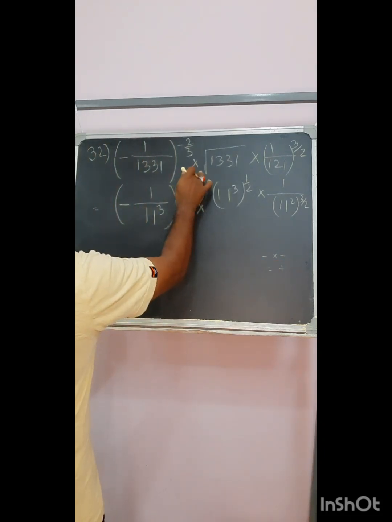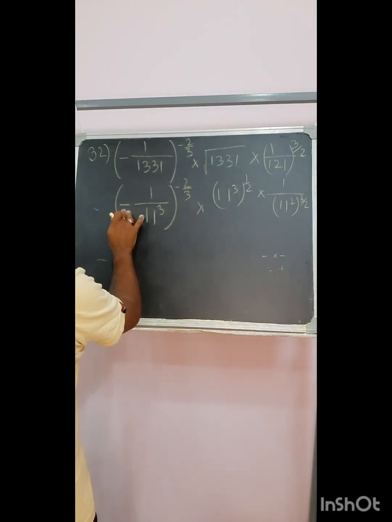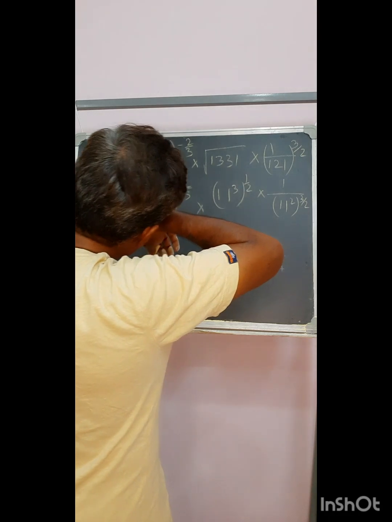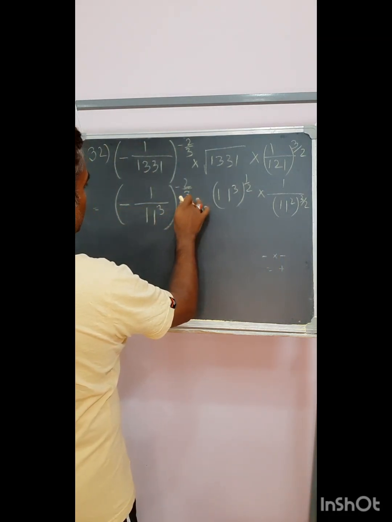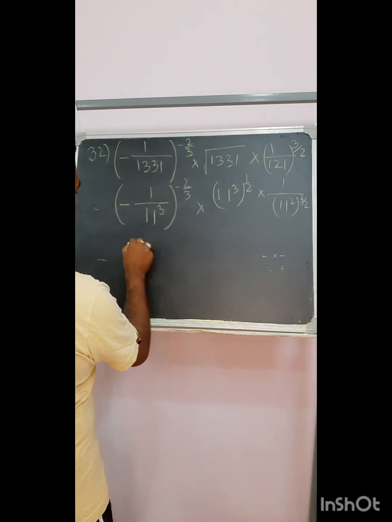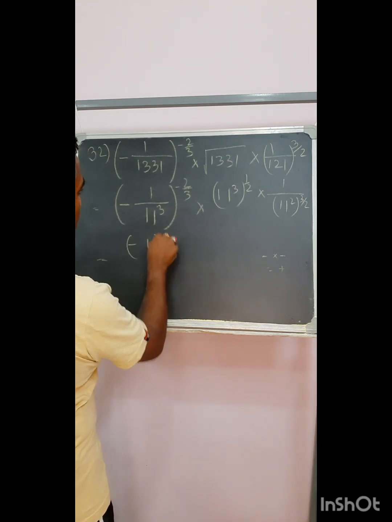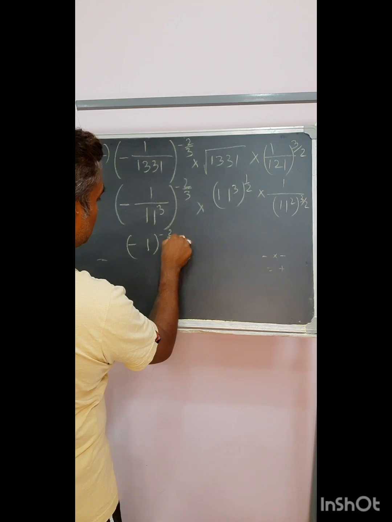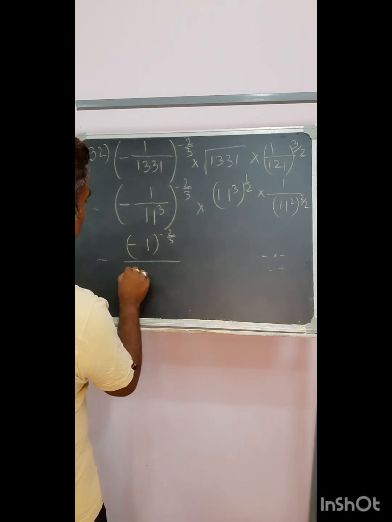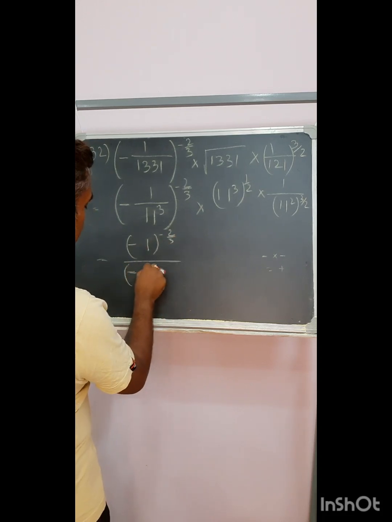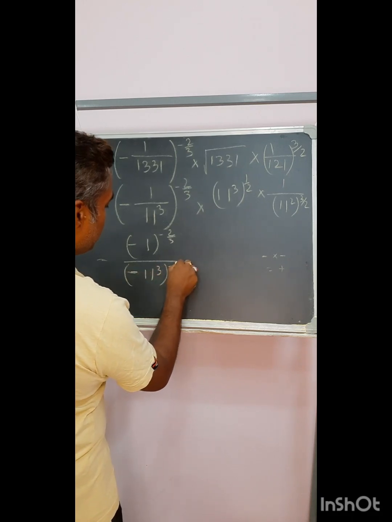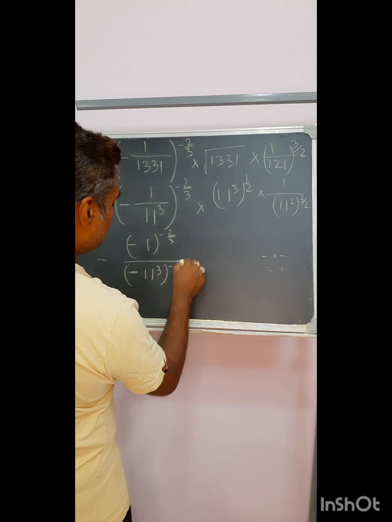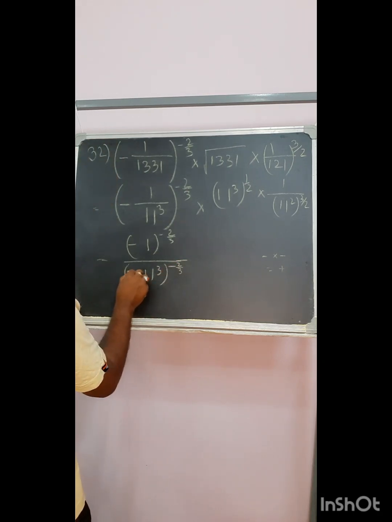So this square will decide it could be plus, but at the same time you have to think on this cube. So I write minus 1 whole to the power minus 2 third, as one part, and the bottom part I am just separating to make you understand what your decision would be to do with the minus sign.